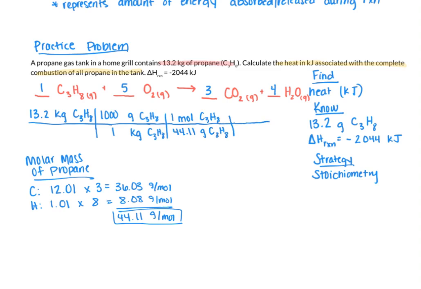Okay, so now we're in moles of C3H8. And this is the point where we can actually get to kilojoules. We're going to do that by using this delta H of reaction value that was given. And something that we want to keep in mind is that we want to use these coefficients.